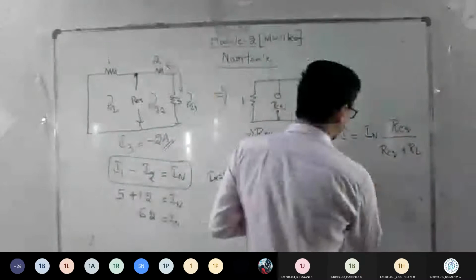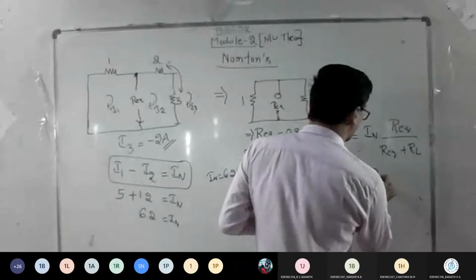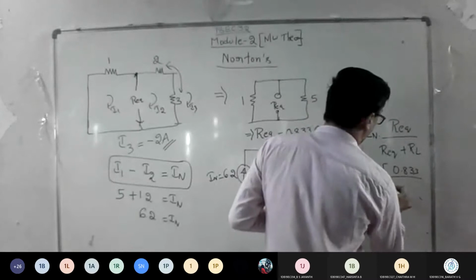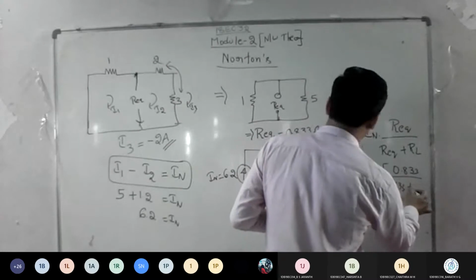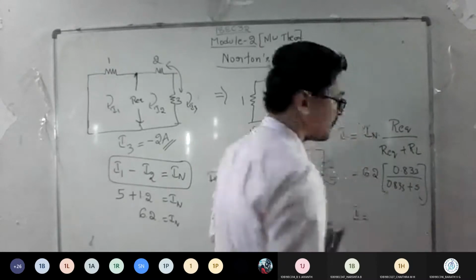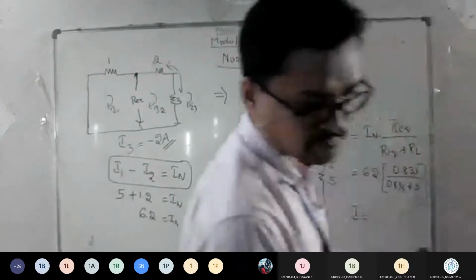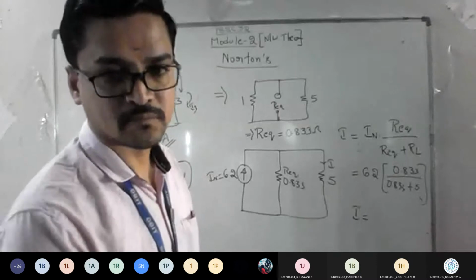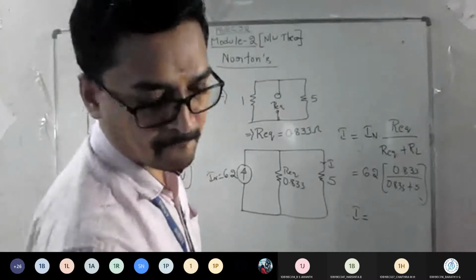So this is the branch current. So what is Norton current? You got 6.2, and R equivalent is 0.833, divided by 0.833 plus 5. What's the answer you got? 0.8857.